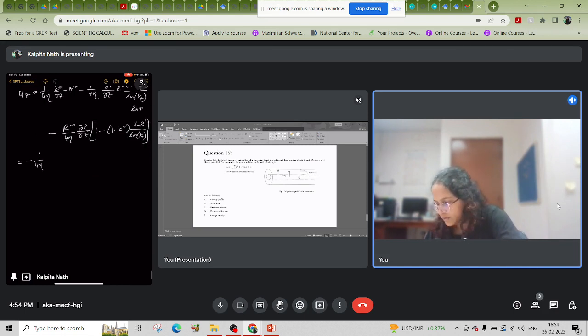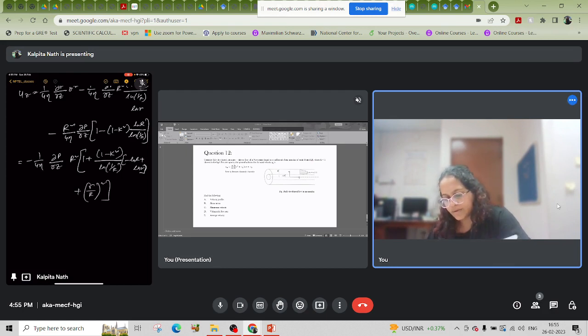minus 1 by 4 eta del p del z r square 1 plus 1 minus kappa square ln 1 by kappa minus ln r plus ln r plus small r by capital R whole square.